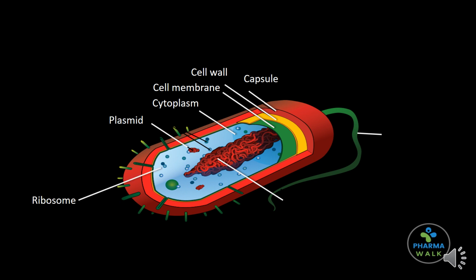Upcoming next we have ribosomes. Ribosomes are also important cell organelles of a bacteria. Ribosomes are called the site for protein synthesis. Ribosomes contain two parts, 50S and 30S subunits in a bacterial cell, which are responsible for protein synthesis, which in turn is responsible for growth in bacteria.